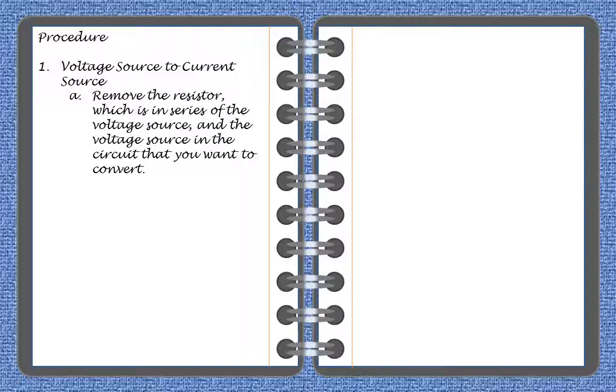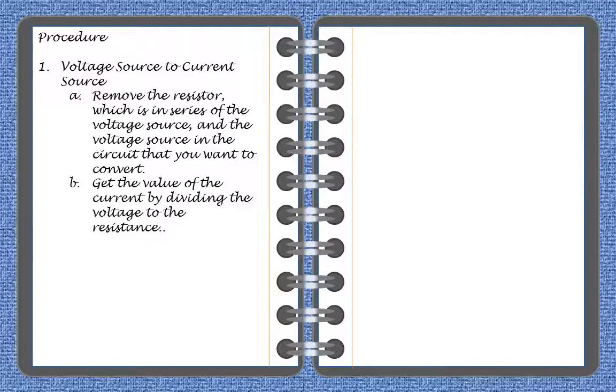After removing the said components, we'll get the equivalent value of the current by dividing the voltage by the resistance.